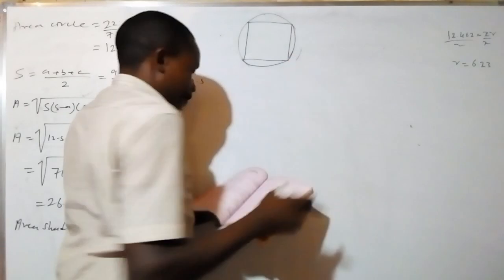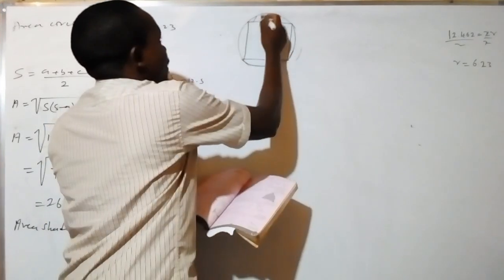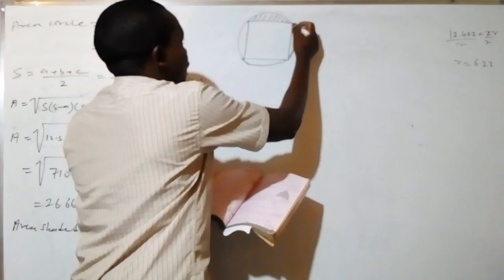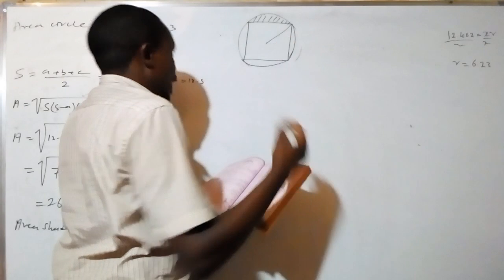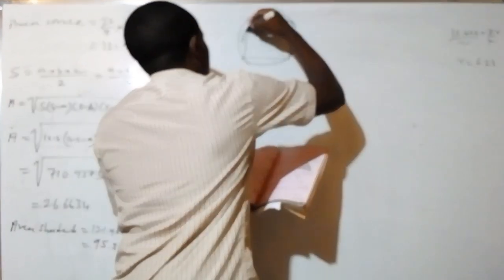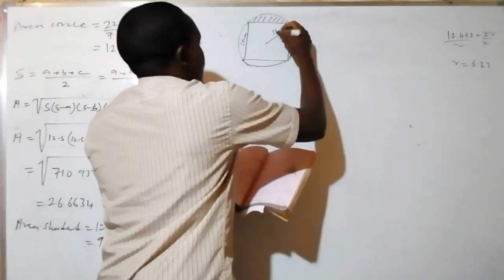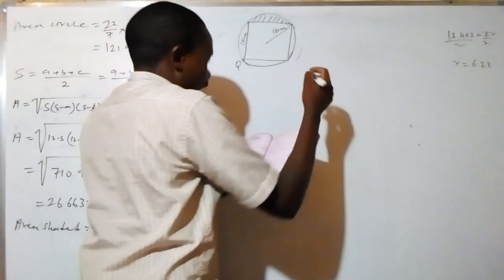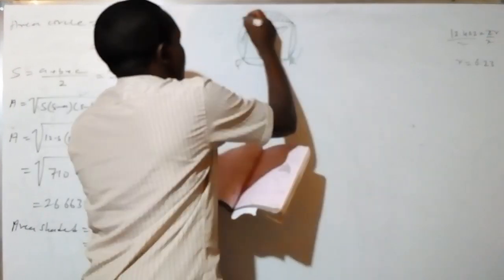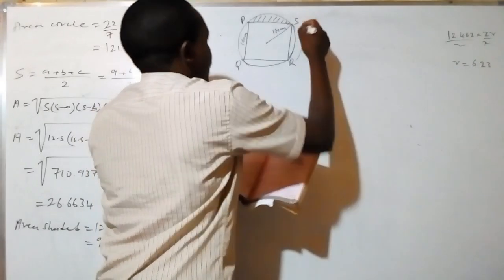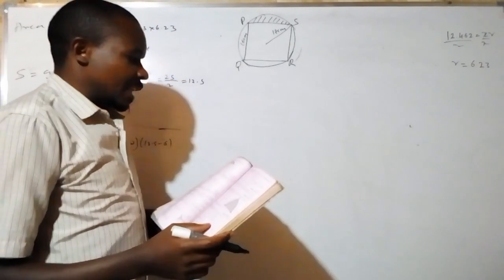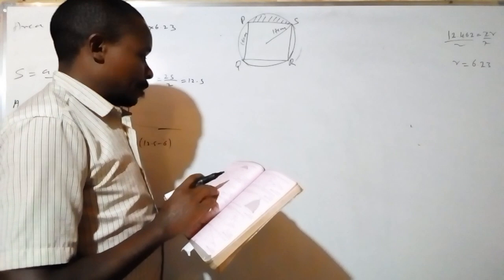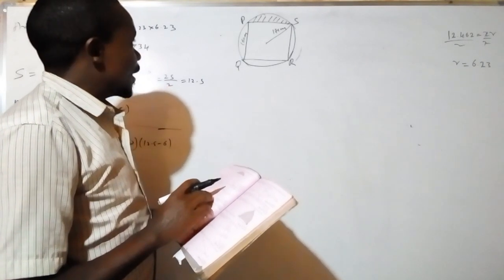My diagram is not very accurate, but it's a rectangle. This is 16 centimeters, 17 centimeters, with Q, R, P, and S. The figure below represents a rectangle PQRS inscribed in a circle, center O and radius 17. PQ is 16 centimeters.